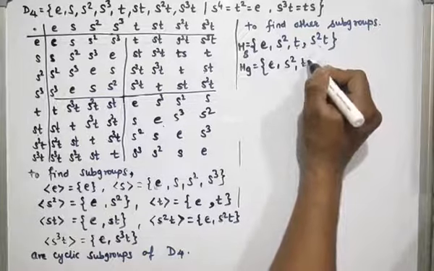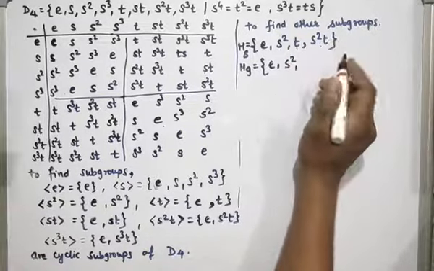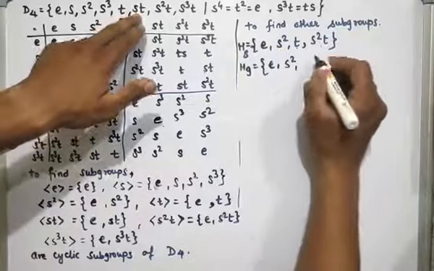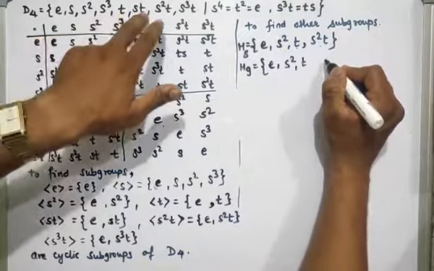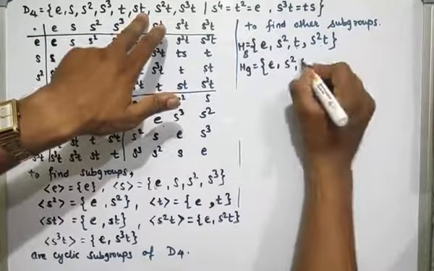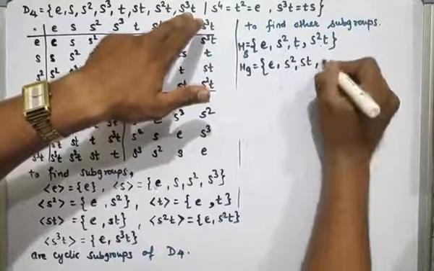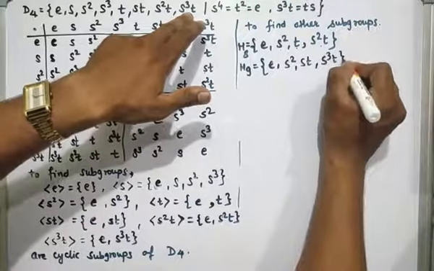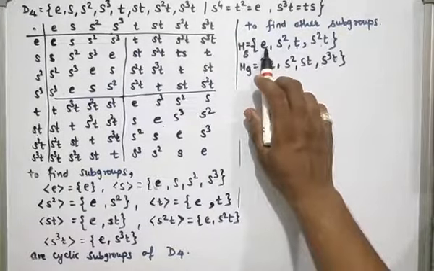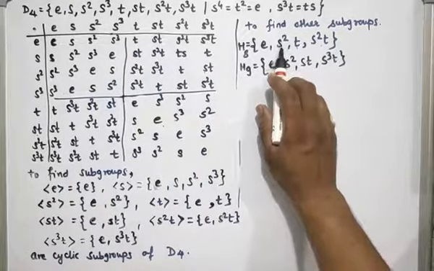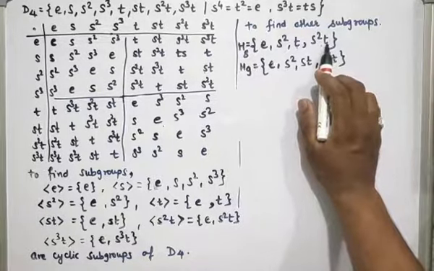If I take only T, this does not form a group, so I will take ST. Then the product of these two is nothing but S cube T. So here we have seen that the order of S square is 2, the order of T is 2, and the order of S square T is again 2.